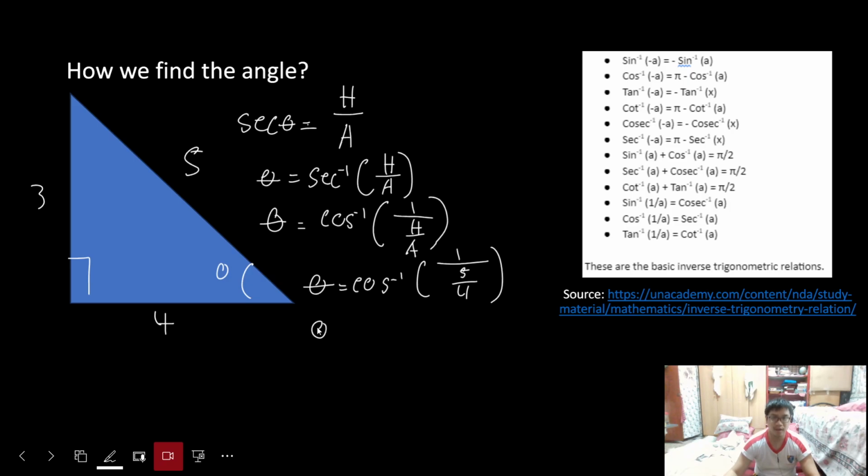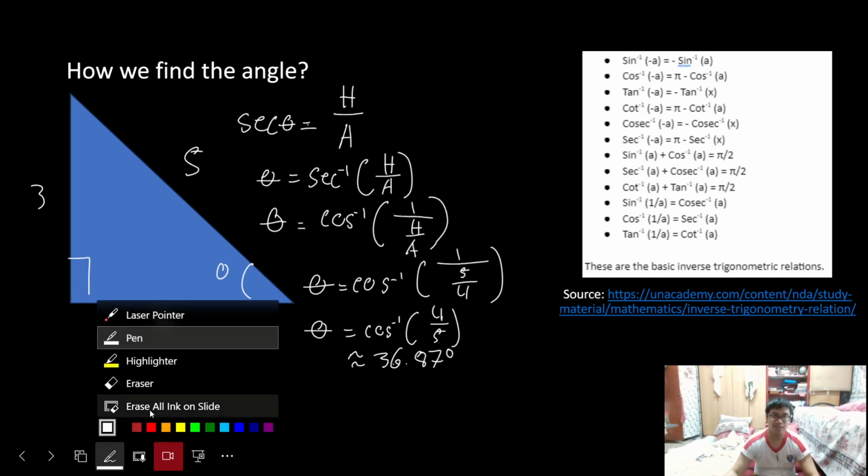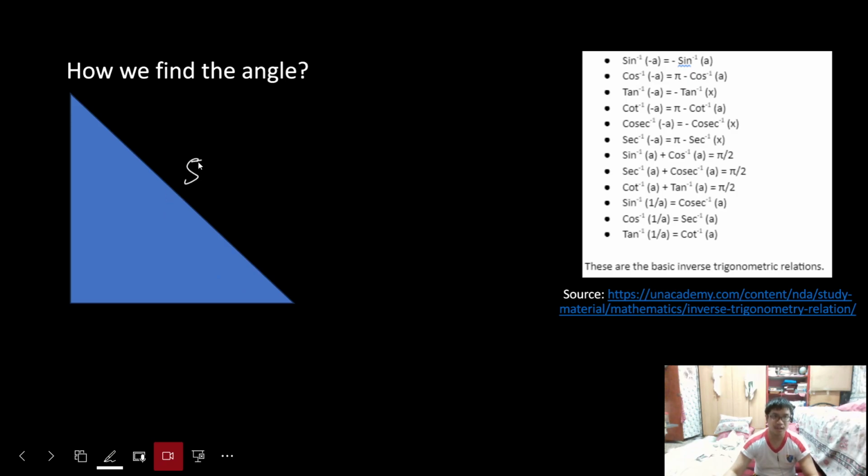We can simplify this one. You will have arc cosine of 4 all over 5. If you get its answer, approximately, this is also 36.87 degrees. You see?